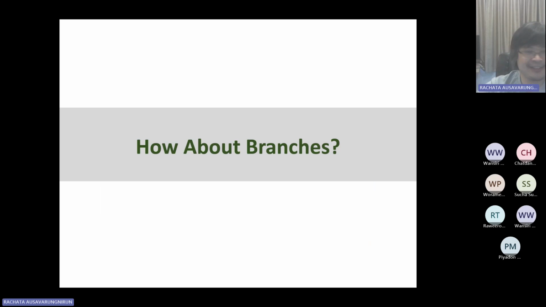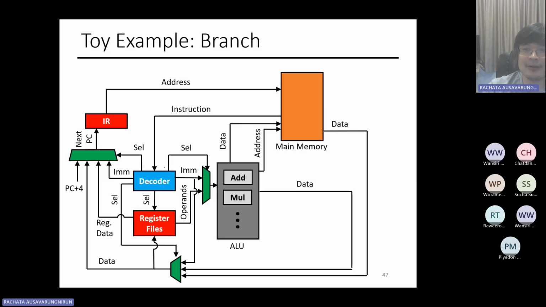What about branches like if else? If else doesn't really do much here except maybe check the condition, or check if this is true or not. But instead of doing PC plus 2, which moves to the next line, we would make sure the decoder selects one of these inputs depending on where we are jumping to.